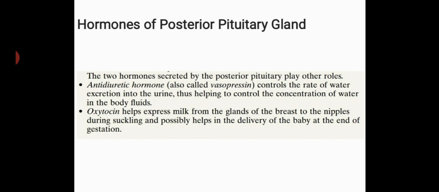Now, the hormones produced by posterior pituitary are mainly two in number. First, the ADH, that is antidiuretic hormone, also known as vasopressin. ADH controls how much water is to be excreted in the urine, and therefore it helps in controlling the concentration of water in the body fluids.